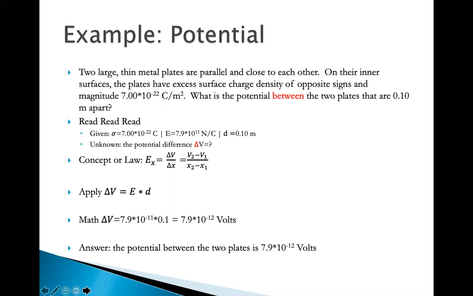The unknown is the potential difference delta V. If we use the definition of how the electric field is related to the electric potential difference, then for parallel plates, delta V, the voltage or potential difference, equals the electric field E multiplied by the separation of the two parallel plates D. So delta V equals E times D. If we apply the math, we get the answer 7.9 times 10 to the negative 12 volts. And that's the potential between the two plates.